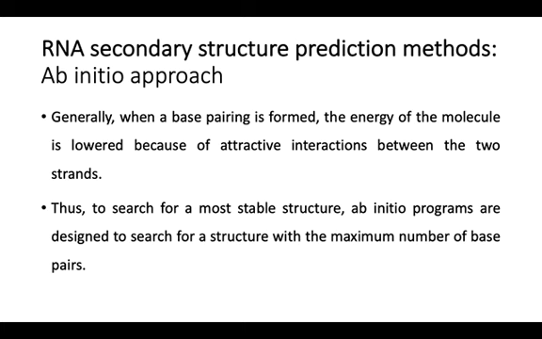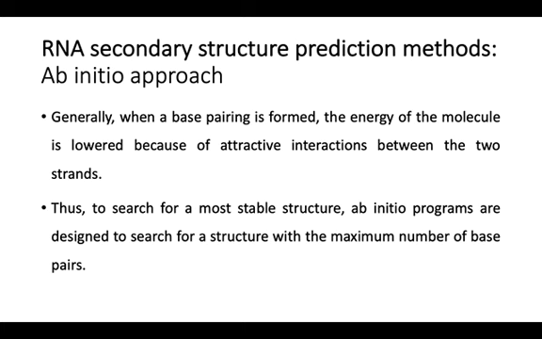That means we design algorithms in such a way that they tend to find maximum base pairing in the structure. So this is the key point here. Thus, to search for a more stable structure, ab initio programs are designed to search for a structure with the maximum number of base pairs. As I said, we look for the maximum number of base pairs.